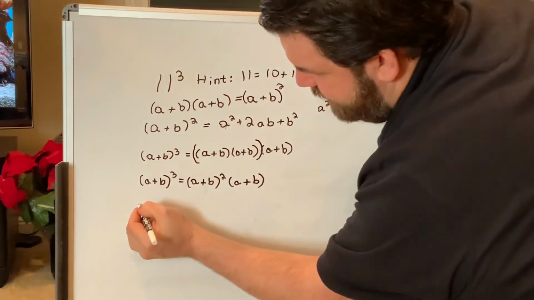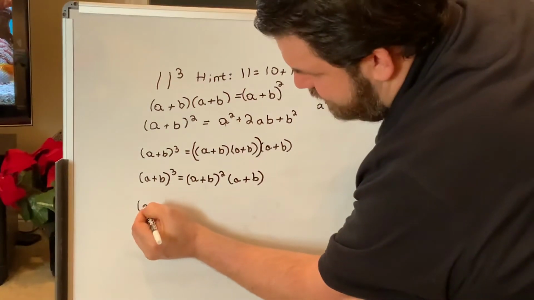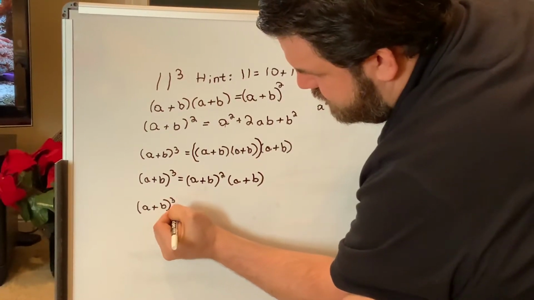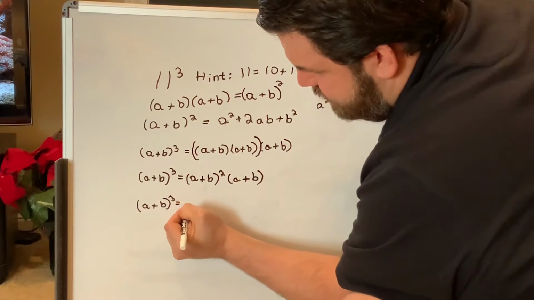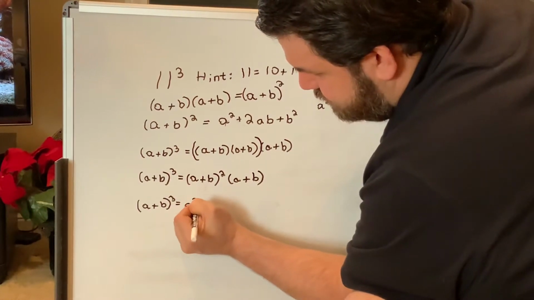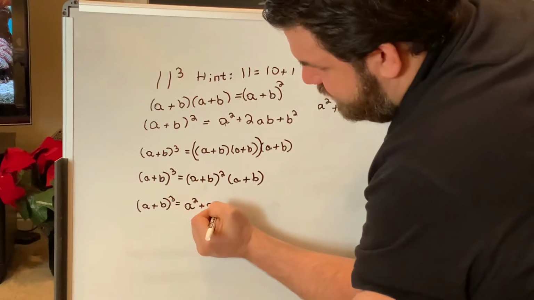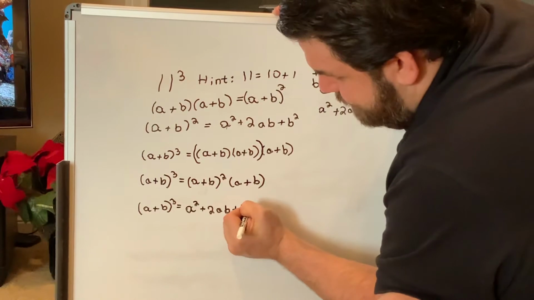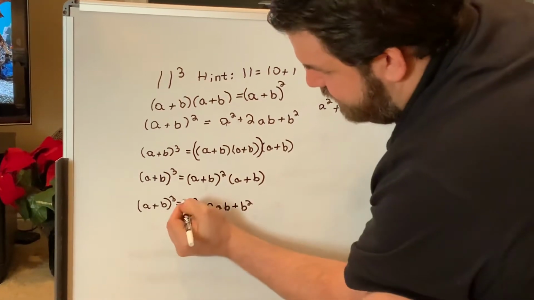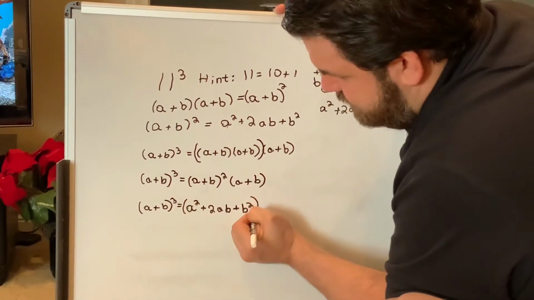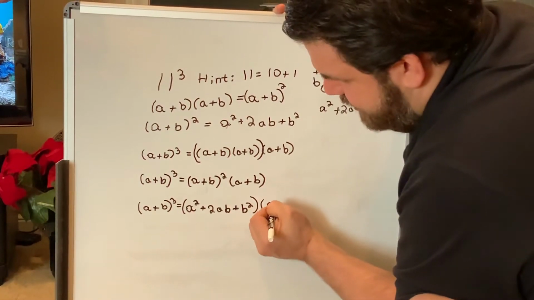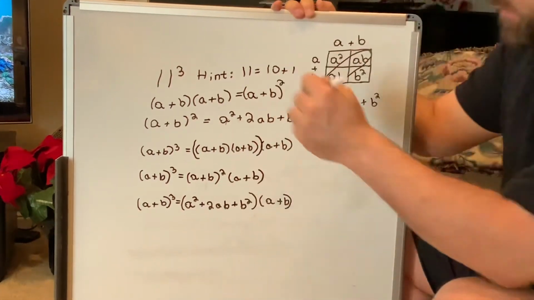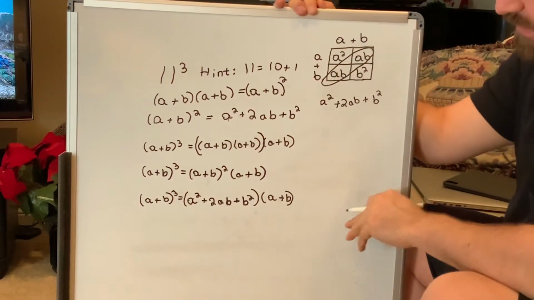So now we have A plus B cubed equals A squared plus 2AB plus B squared, and we're going to multiply this whole thing times A plus B. This is not difficult.